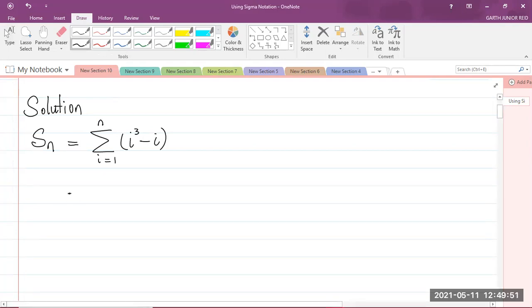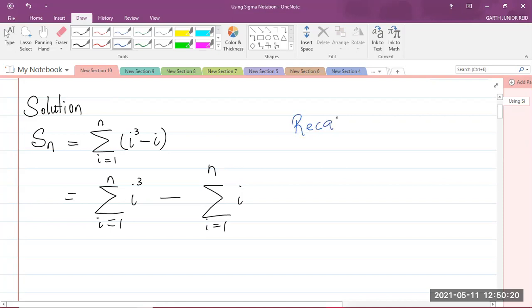I can write this as the summation from i equals 1 to n of i cubed, minus the summation from i equals 1 to n of i. Let me just refresh your memory on these formulae that you should know, which is in your formula sheet in the Pure Mathematics examination, by the way.